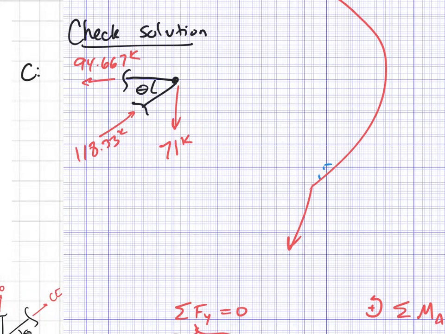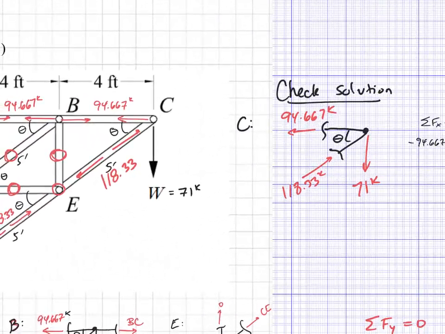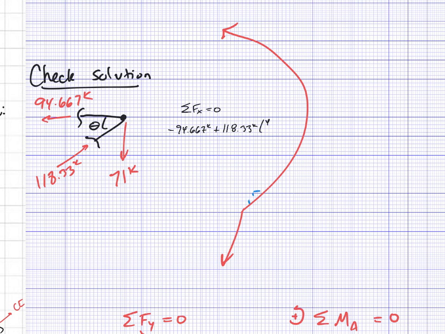What we'll do is check to see if that works. Sum of the forces in the X equals 0. So I've got negative 94.667 kips plus 118.33 kips times the cosine of that angle, which is 4/5. If I plug this into my calculator, oh, wait, what?